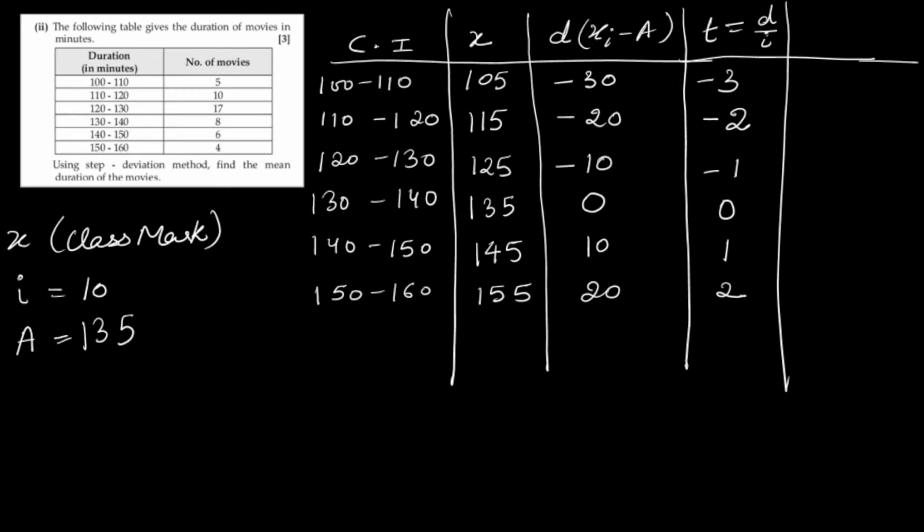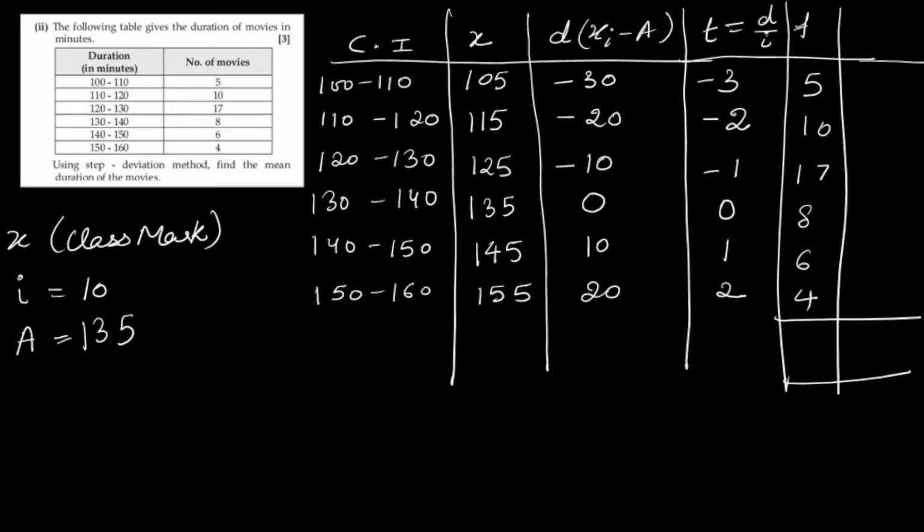Now I am going to write the frequency. The frequency is already given to us: 5, 10, 17, 8, 6, 4. We also have to write the total of frequency, which is sigma f.